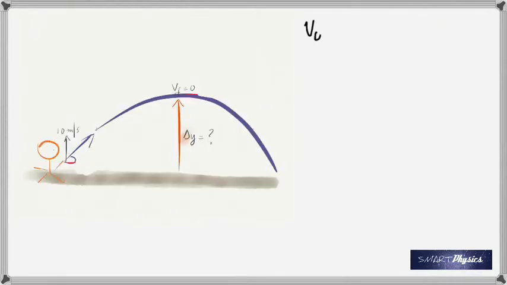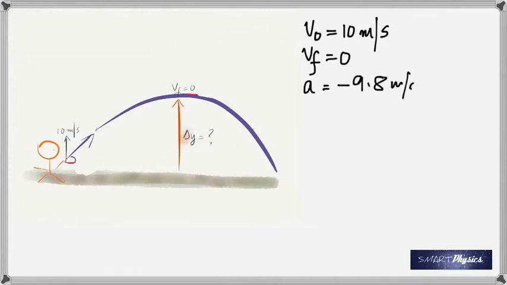The second quantity that is to be found is the vertical displacement, and because it's a vertical quantity, again we only consider the initial vertical component, which you remember is 10 meter per second, and Vf is again 0. Acceleration is negative 9.8 because in the beginning it's going against gravity, and only what happens in the beginning is important. And we're trying to find delta y.